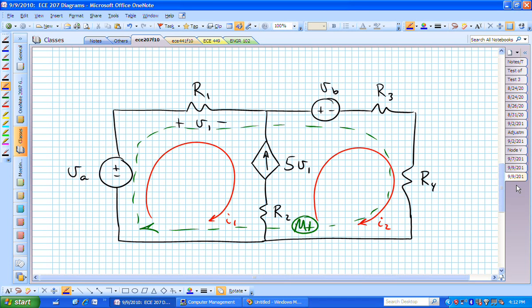V sub 1 is R sub 1, I sub 1. Does everybody see that? And now I can get rid of V sub 1, and I'll have two equations in terms of I1, I2, V sub A, and V sub B. V sub 1 will be gone. But I need it initially to write my equations.